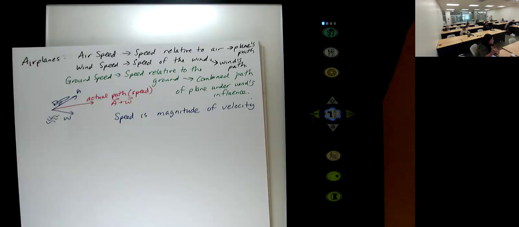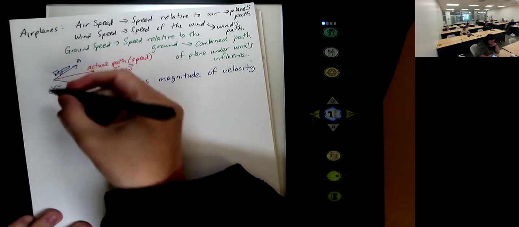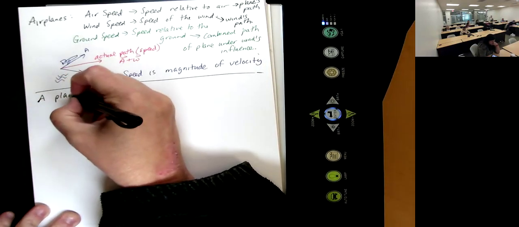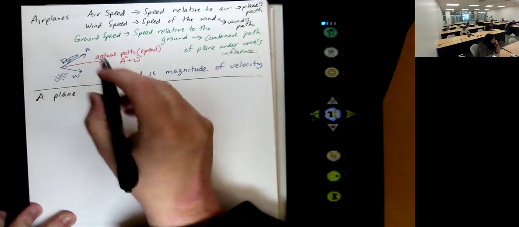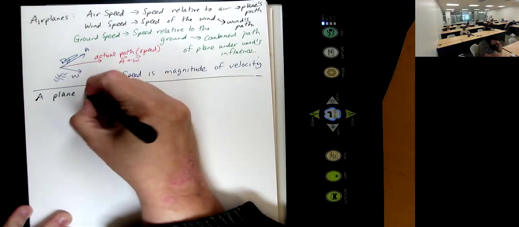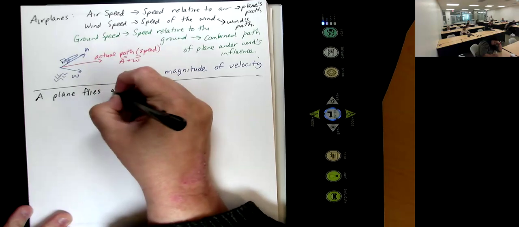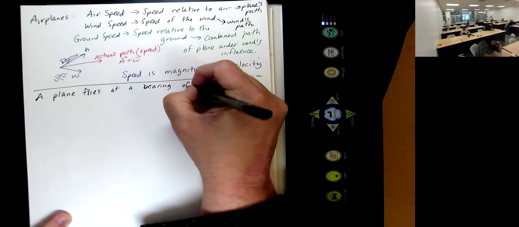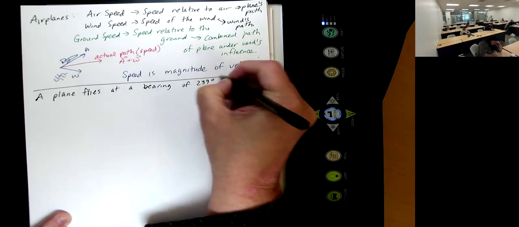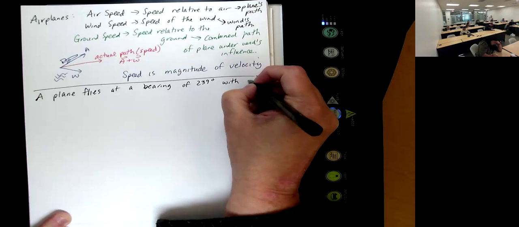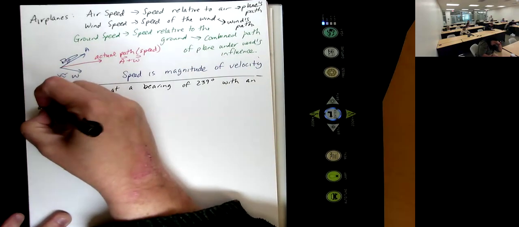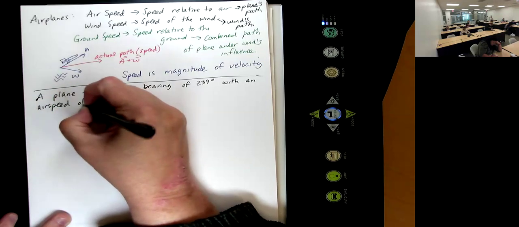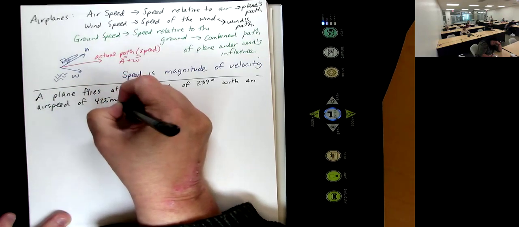All right, so let's give an example here. A plane flies out on a bearing of 239 degrees with an airspeed of 425 miles per hour.